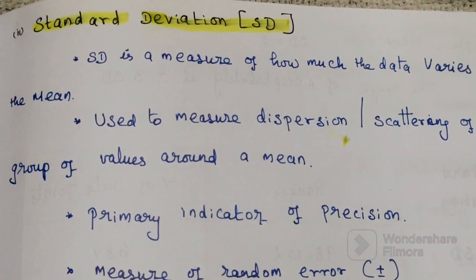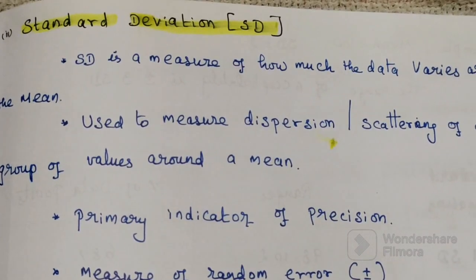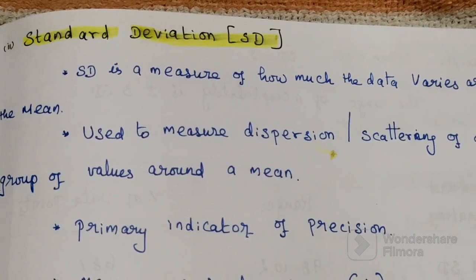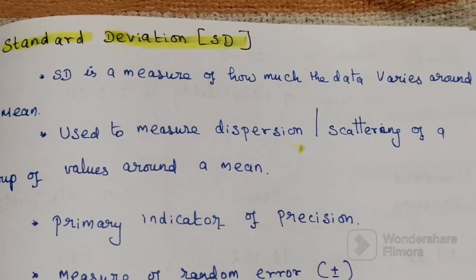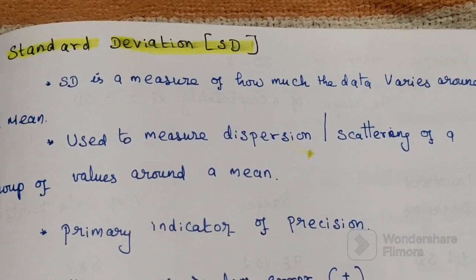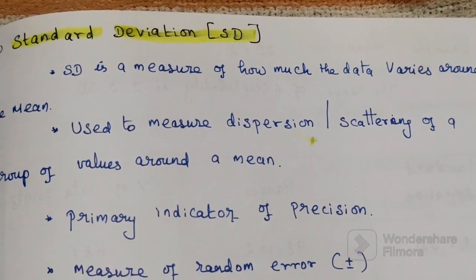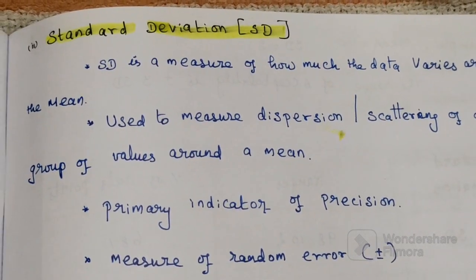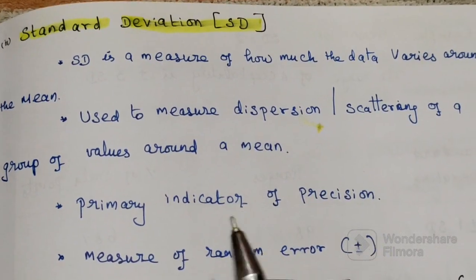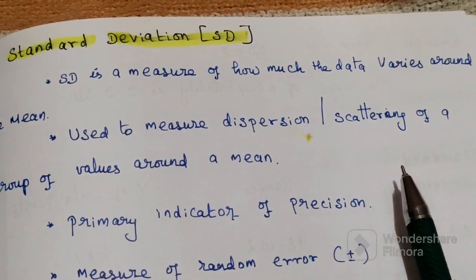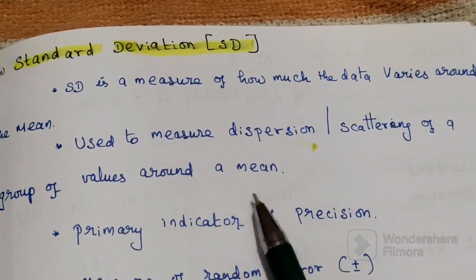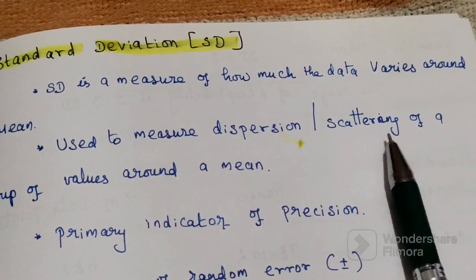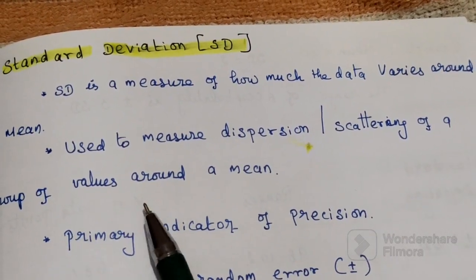Second is standard deviation, also called SD. It is a measure of how much the data varies around the mean, and it is used to measure dispersion or scattering of a group of values around the mean.